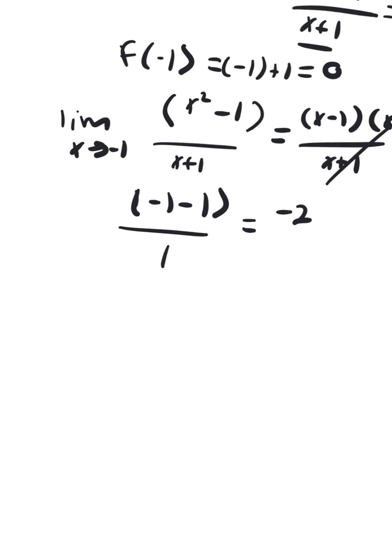But since we're approaching the 1 from the right side, then that means that it would be far outside of the range, which would leave a hole. So, we see here at negative 1, there's a hole.